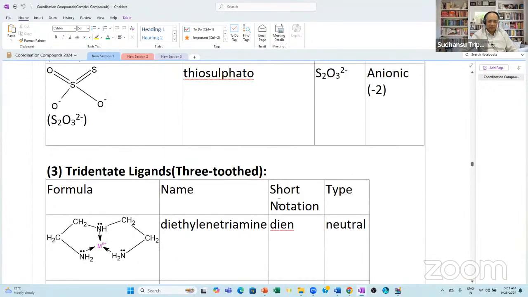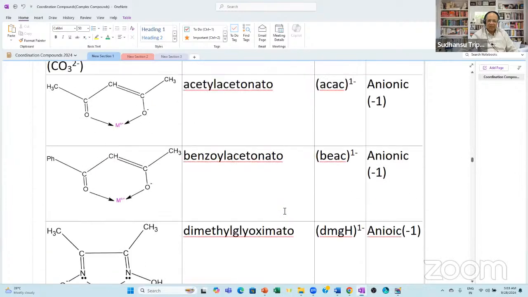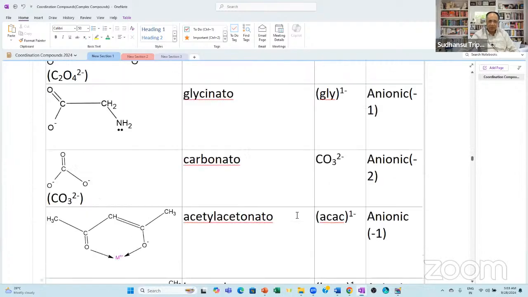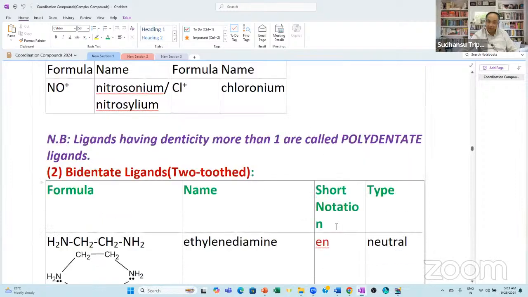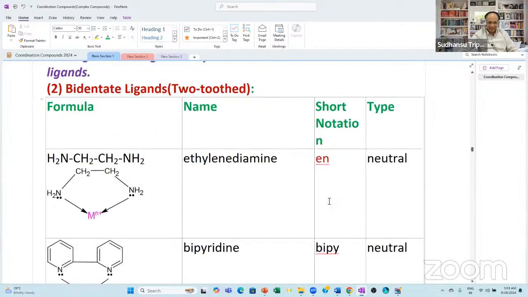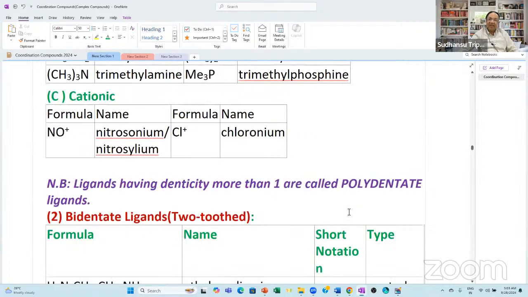I remind you, monodentate ligands are plentiful, a large number of monodentate ligands. So also bidentate ligands having two teeth to bite. These are called dentic ligands, denticity. One atom will bite with a pair of electrons.